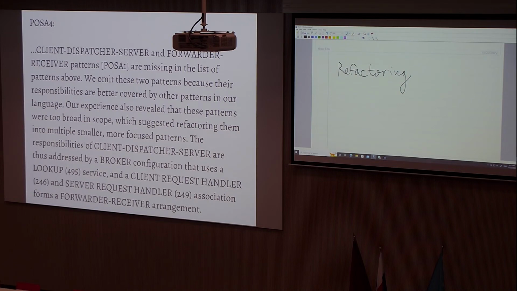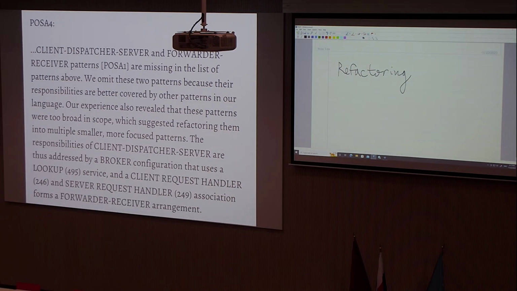The responsibilities of client dispatcher server are thus addressed by broker, which we know, configuration that uses a lookup, we did not talk about that pattern, and client request handler, not that much, server request handler, and this forms the forwarder receiver arrangement of patterns.